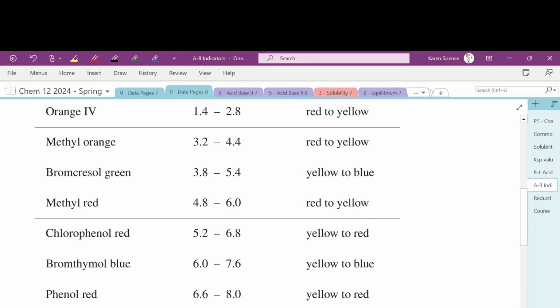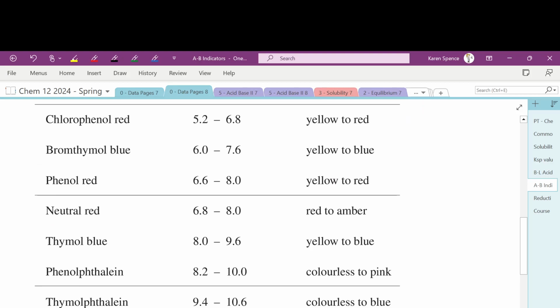So for example, phenolphthalein, which we used in our titration lab, changes from 8.2 to 10.0. So below pH 8.2, it is colorless. Above pH 10, it is pink. In between the two, it would be that pale pink color that you were striving for. Okay?